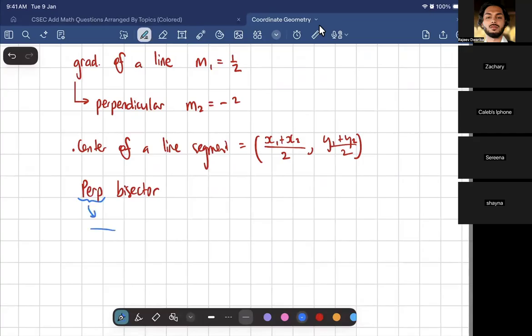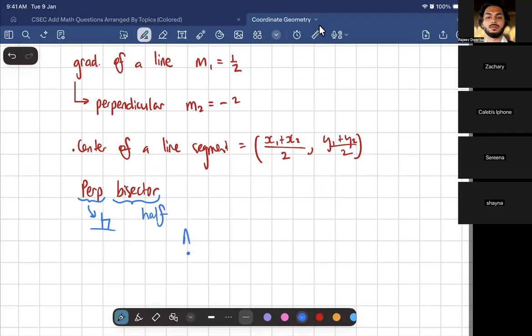What does bisector mean? Bisect an angle. What do I mean? Cut through it. Not just cut through it. Bisect means to cut in what? Two. Half. Yeah, that's what it means.